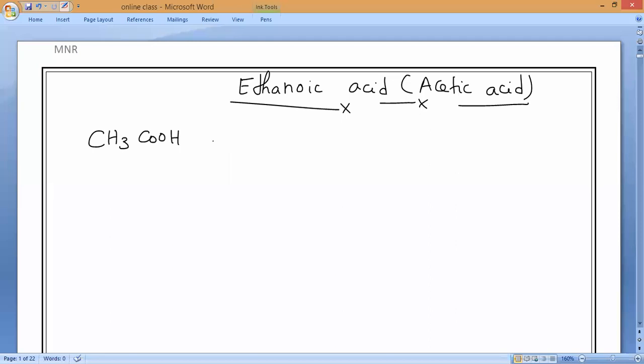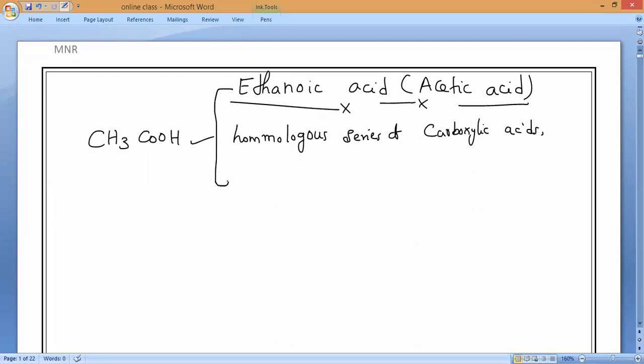This is a homologous series of which functional group? Carboxylic acid. So ethanoic acid is the first member or second member of the carboxylic acid series?